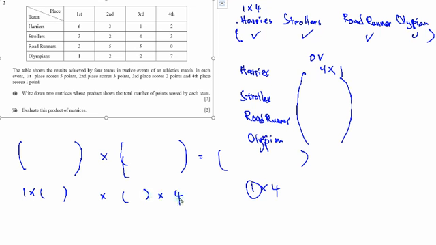So the resultant metric comes from the row of the first metric and the column of the second metric. So it's 1 times 4. Now, this and this have to be the same in order to create the resultant 1 times 4.